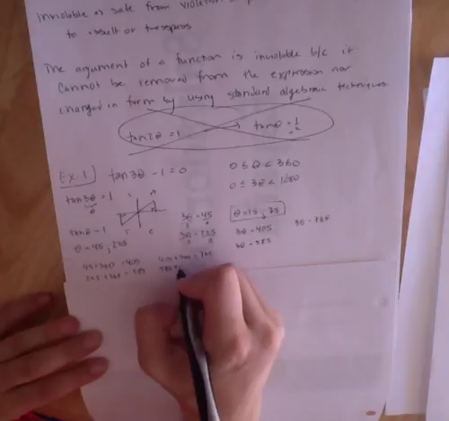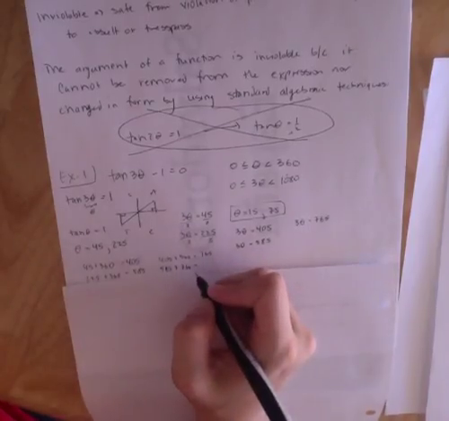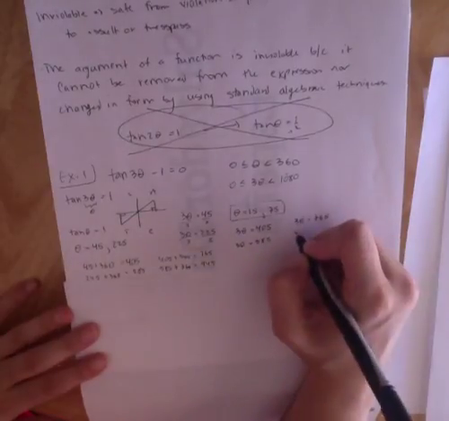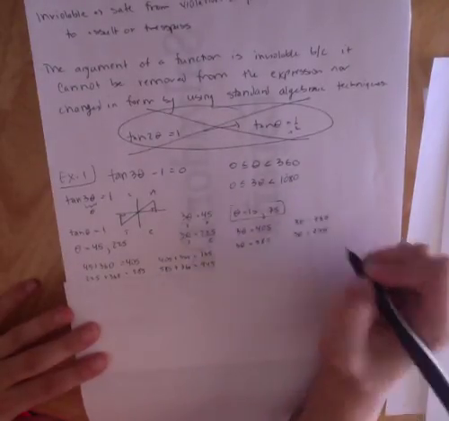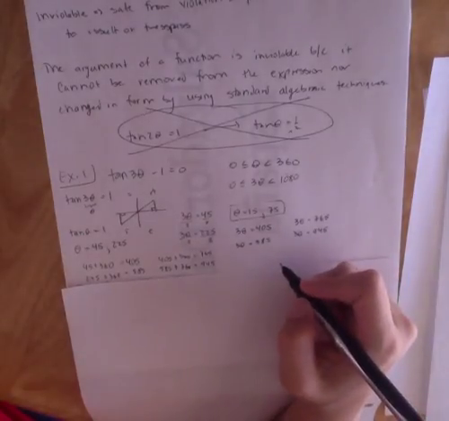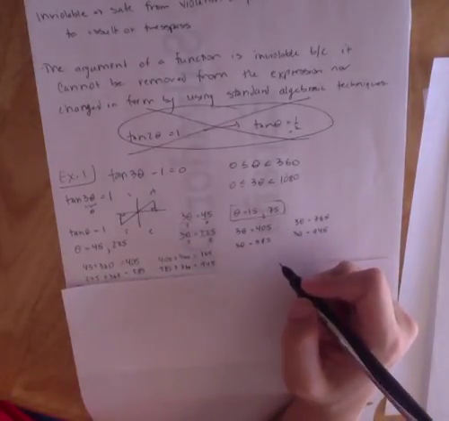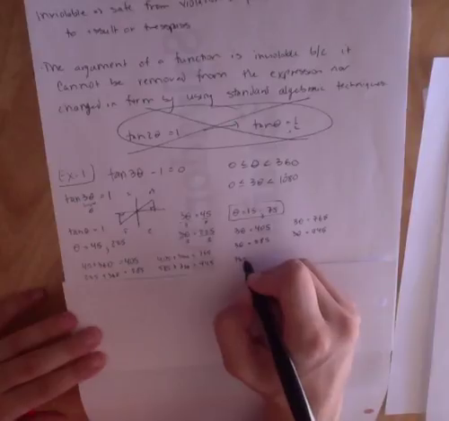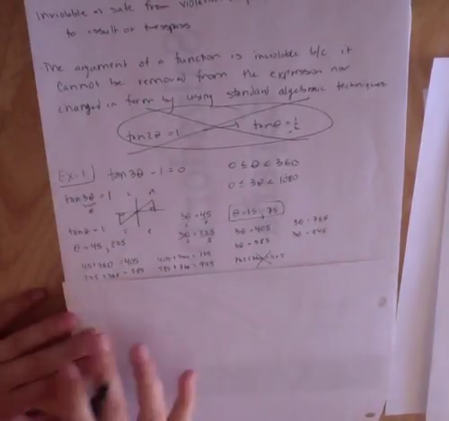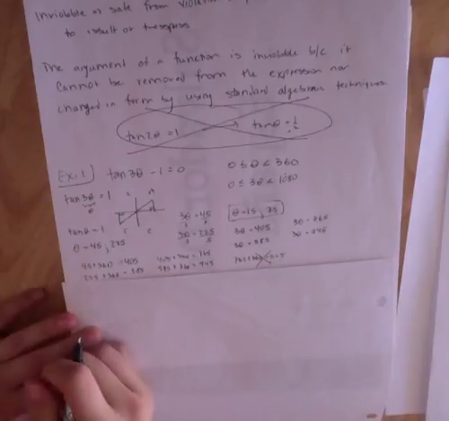Do 585 plus 360. That gives me 945, still in my parameters. Now let's do 765 plus 360. That gives me 1125, not in my parameters, so I can't use that.